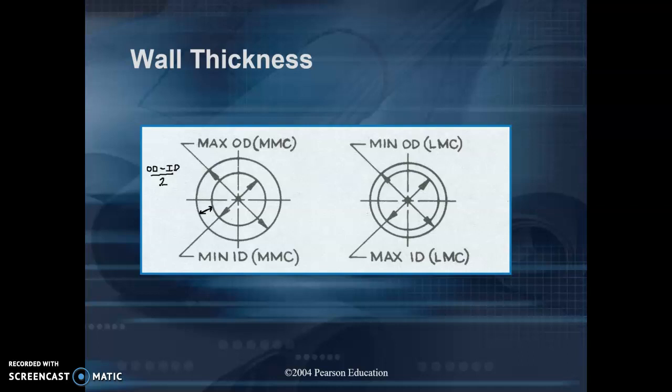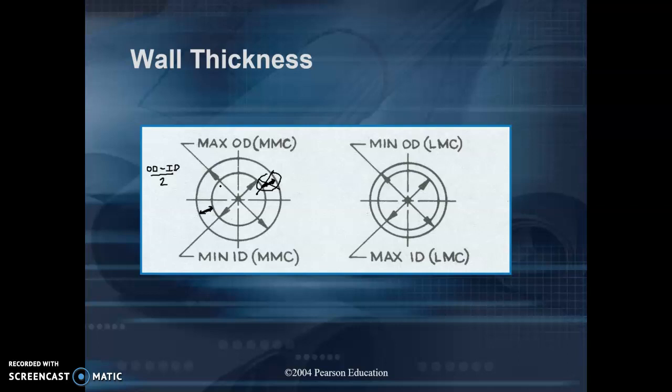Students frequently forget to divide by 2, but if we just took the outside diameter minus the inside diameter, what we would be left with is the thickness here as well as the thickness on the opposite side. So in order to find out just what one wall thickness is, that's why we need to get rid of that by dividing by 2. And that leaves us with the wall thickness.